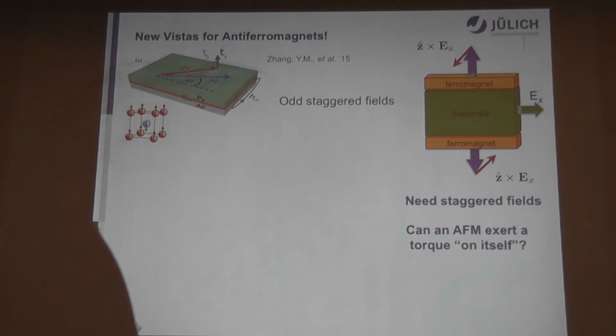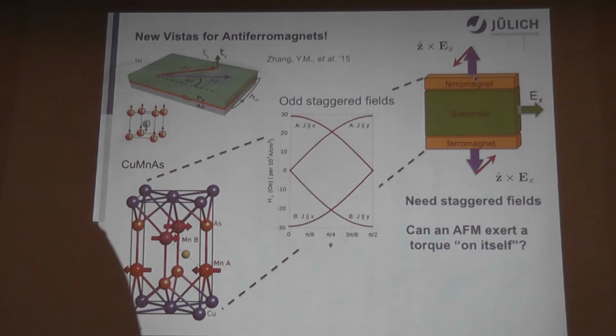This comes from the fact that the inversion symmetry, which is quantified by this vector z here, is broken in a different, or opposite, way on the top and on the bottom of the synthetic antiferromagnet. And it is really an honor to work with experimentalists who discovered such a material as copper manganese arsenide, which has manganese atoms with magnetic moments, is an antiferromagnet, and whose two sublattices have exactly this inverse sense of inversion symmetry breaking.